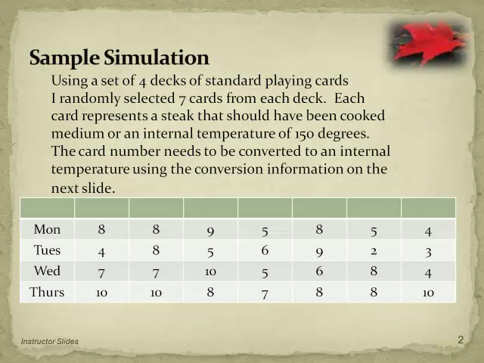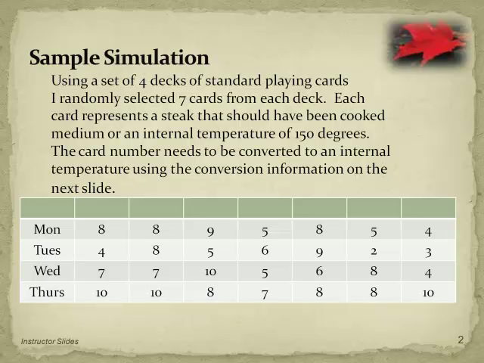So for Monday, pulling 7 steaks at random and sampling the internal temperature, what we see on this slide is the value of the face card. There were several cards with an 8, a couple with a 5, one with a 9, and one with a 4.